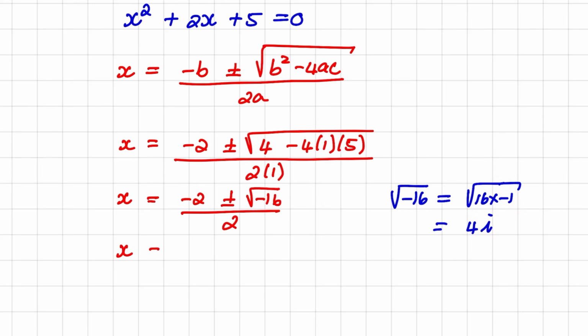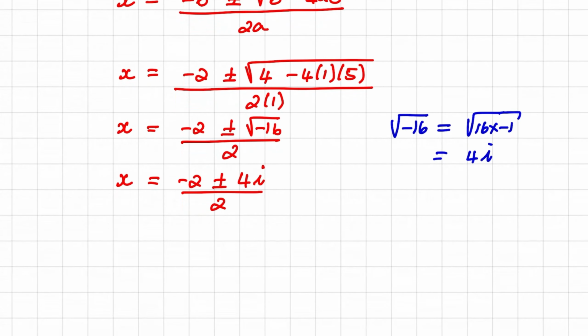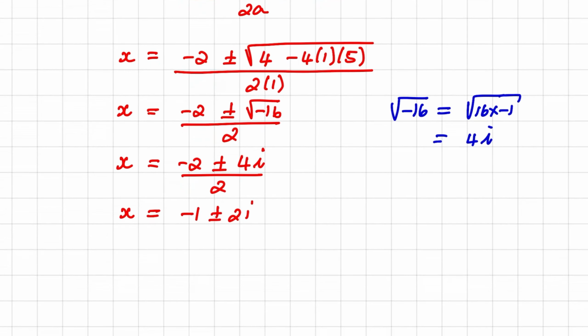Therefore, x is equal to -2 plus or minus 4i divided by 2. And if I simplify further, I see that x is equal to -1 plus minus 2i. Therefore, I have two possible values of x. x can be equal to -1 plus 2i, or x can be equal to -1 minus 2i.